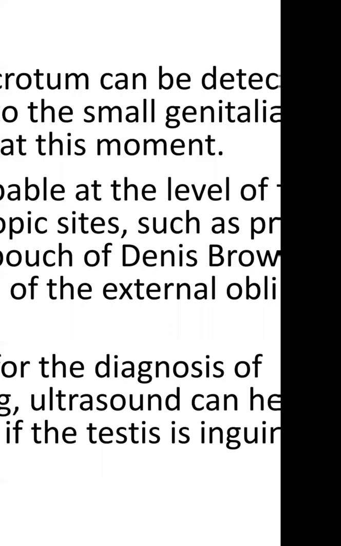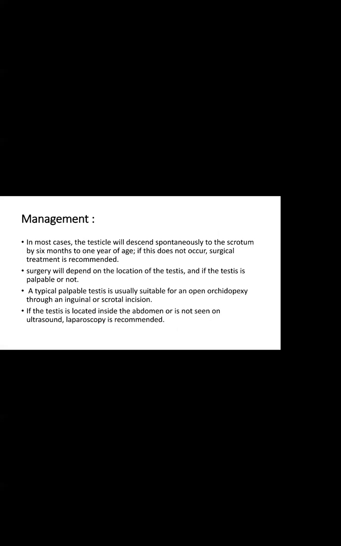The management of the undescended testis is delayed till 6 months to 1 year of age, because it has a tendency to spontaneously pull down as the baby grows up. So it depends on the location of the testis.